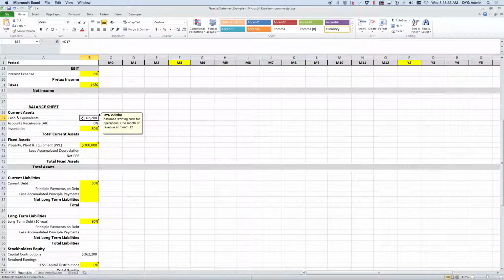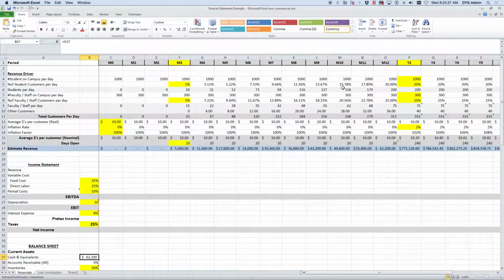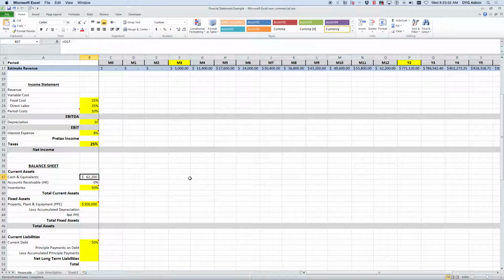I've started out with the assumption that what I need is the amount of cash equal to the revenue that I would have generated on a monthly basis by the time I reach my peak, which is in month 12. That's a formula that I've tied in. I didn't highlight it in yellow. I guess I could. You could set a different number, but that's what I used as a starting point.